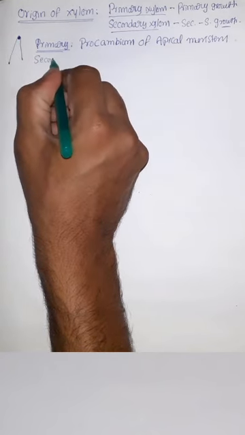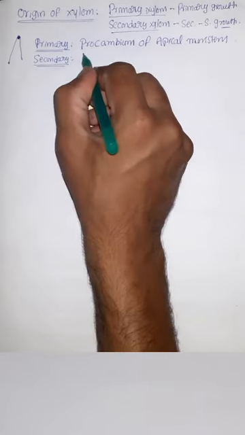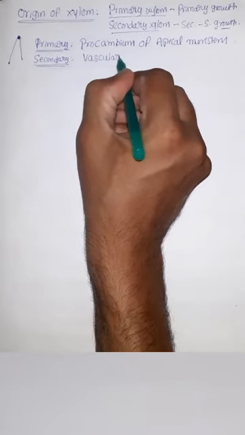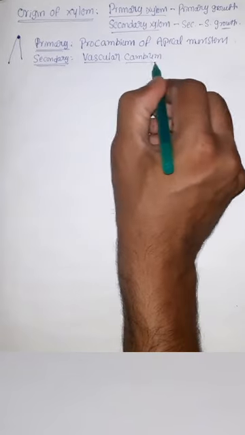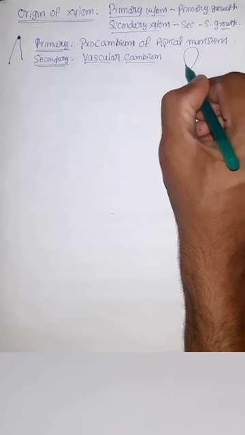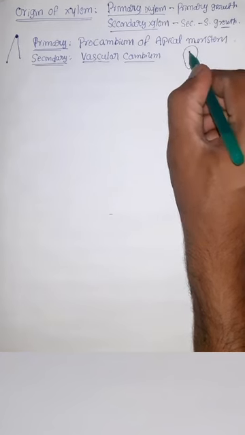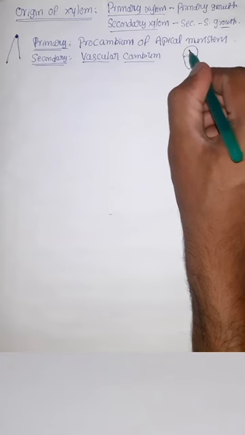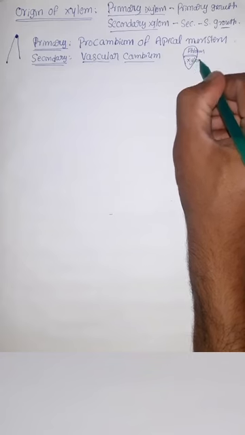Coming to the secondary xylem, it is originated from the vascular cambium. Vascular cambium means it is present within a vascular bundle. Here phloem will be, here xylem.